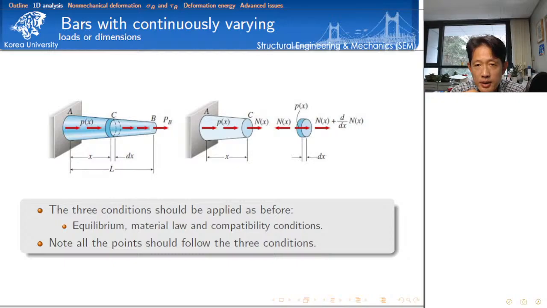Make sure that the external loads and the reactions are given in the form of vectors. If you don't prescribe the coordinate system, it is difficult to handle the vector components.